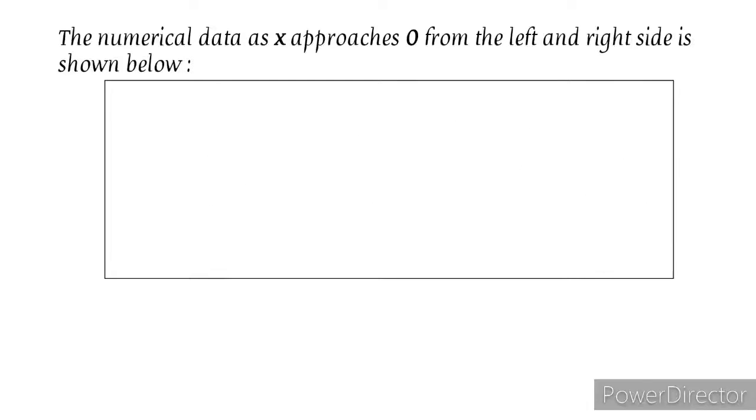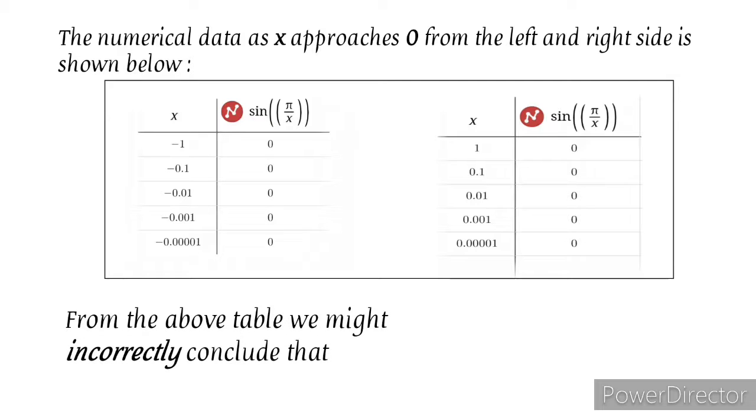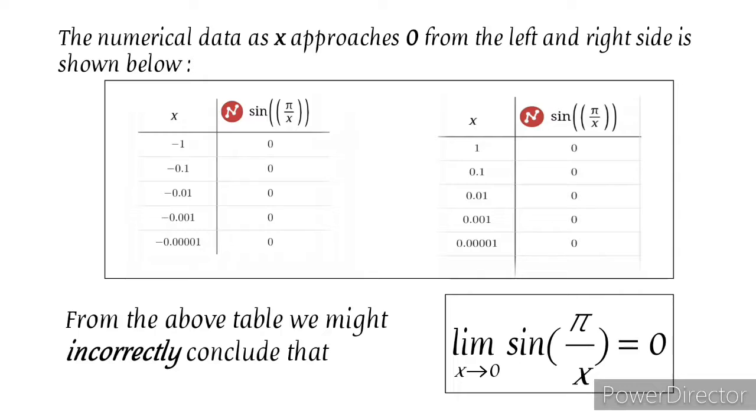The numerical data, as x approaches 0 from the left and right side, is shown below. Look at the data carefully. From the above table, we might incorrectly conclude that limit of sine of pi by x as x approaches 0 equals 0.